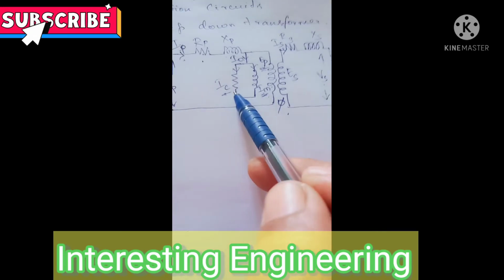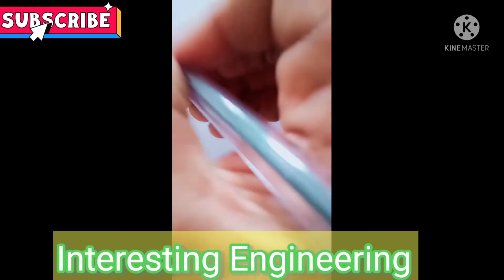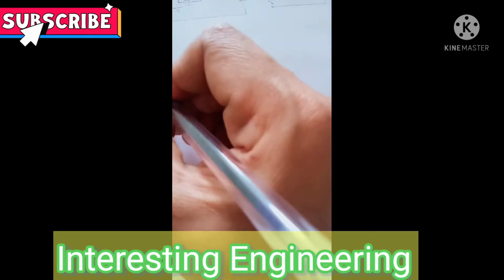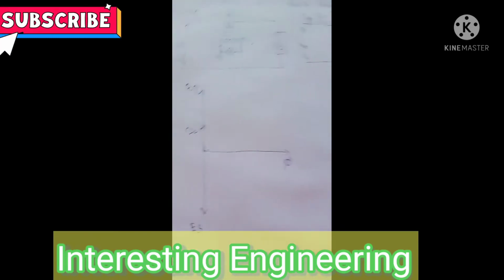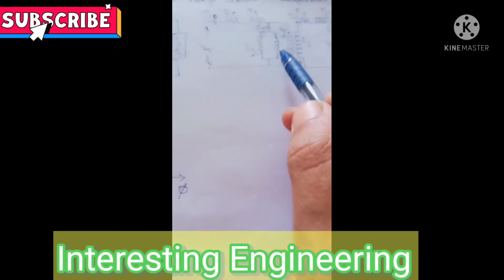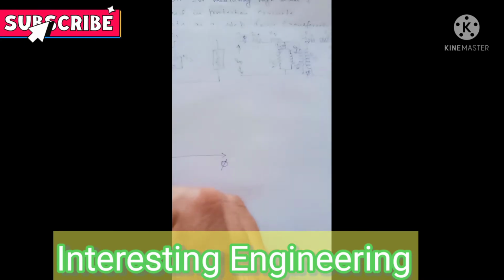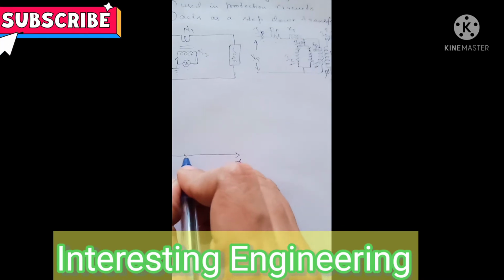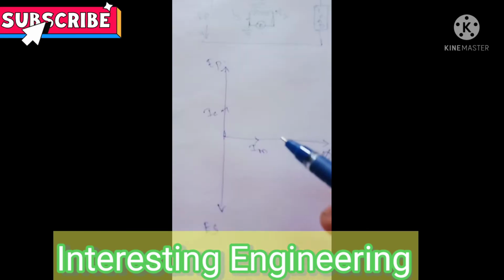This current will always be in phase with EP, so I am representing it here. IM is flowing through the inductor, so it will have a phase difference of 90 degrees. So I am representing IM over here. So this is IC and IM.